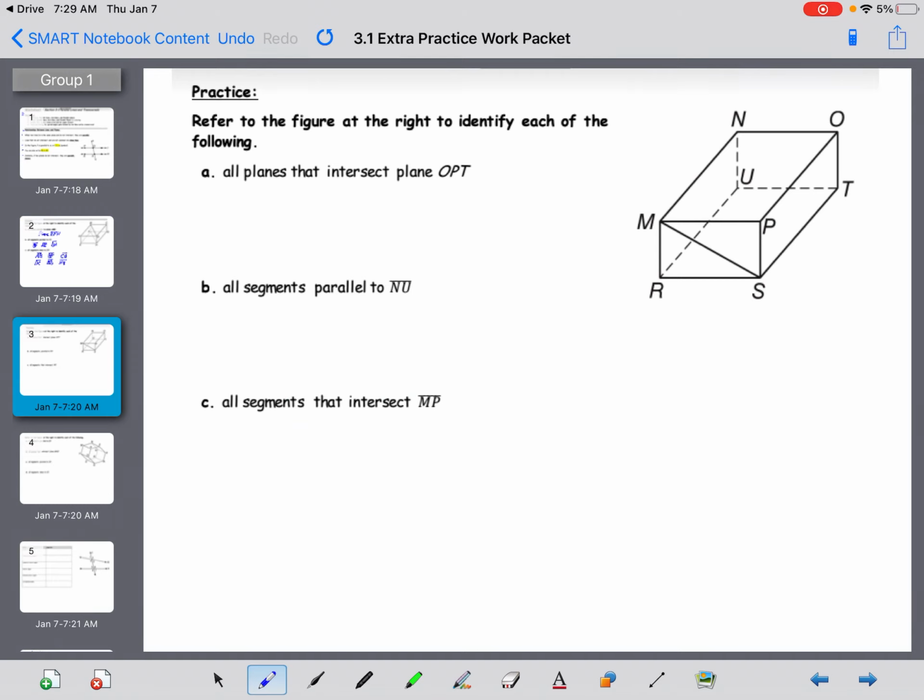Refer to the figure at the right to identify each of the following. All planes that intersect OPT. Well, OPT is your right side. So the planes that intersect that, or cross over it, or share a side, would be plane NOT.